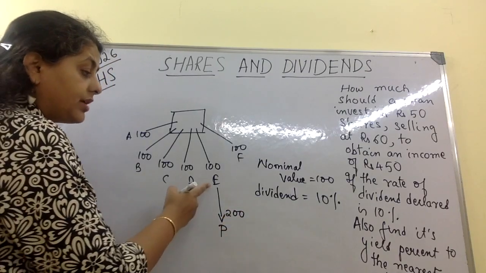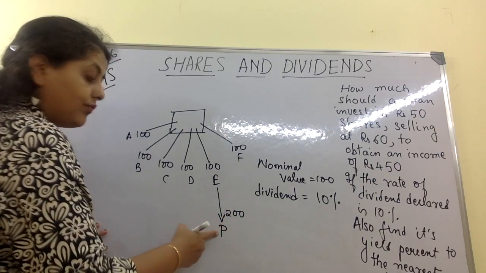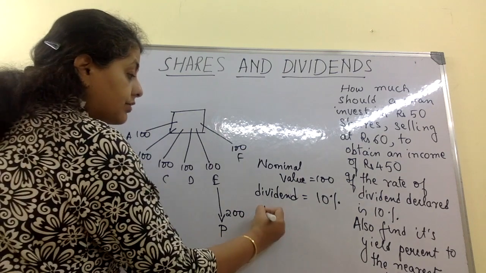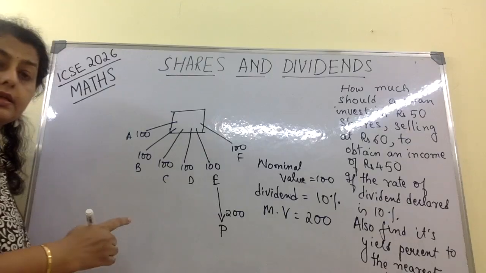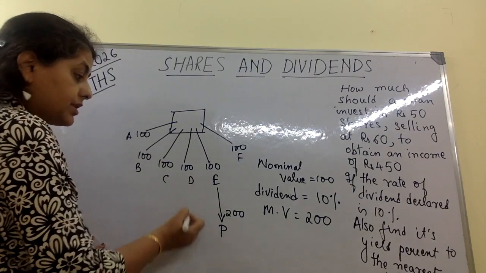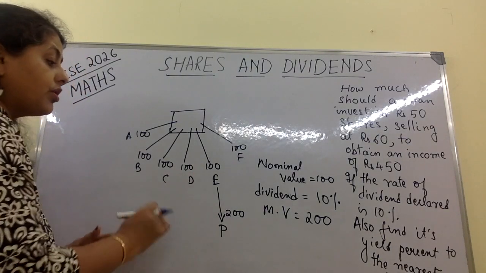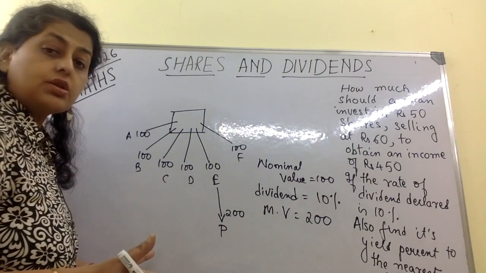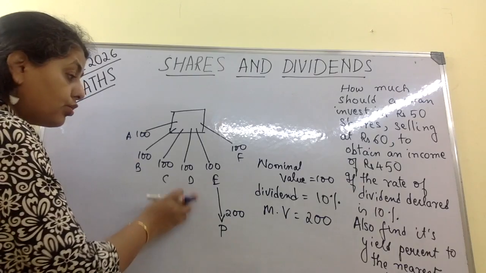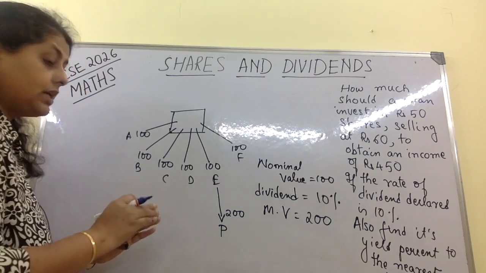Now this 200 becomes the market value for P. Similarly, another person might sell it for 200, or if he is selling at a different time, he will sell it for 300. It depends on the market. There is no limit to the market value, it can be any value.